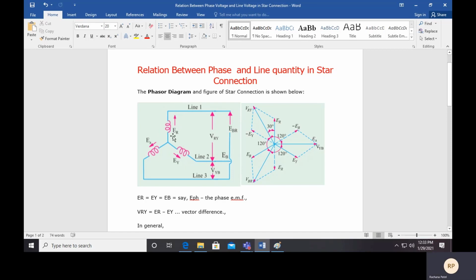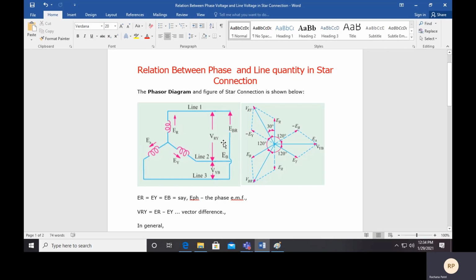One winding has EMF ER. Another winding, the Y phase, has voltage EY, and then Y. It means to find VRY we have to take the help of ER and EY. What relationship can we observe from that? We can say that both have opposite polarity. As far as the arrow, the injection of EMF, is concerned, both have opposite directions.